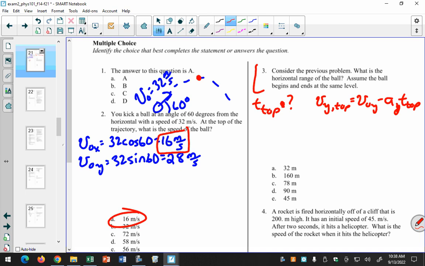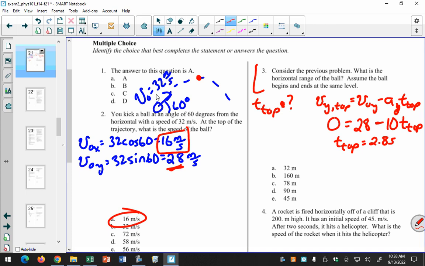Just like the problem we did on the free response last time for exam 1. This is 0. It stops in the y direction at the top. v0y, I found it over here. That's the y component. It is equal to 28 minus 10 times t-top. That means t-top equals 28 divided by 10, or negative 28 divided by negative 10, or 2.8 seconds.